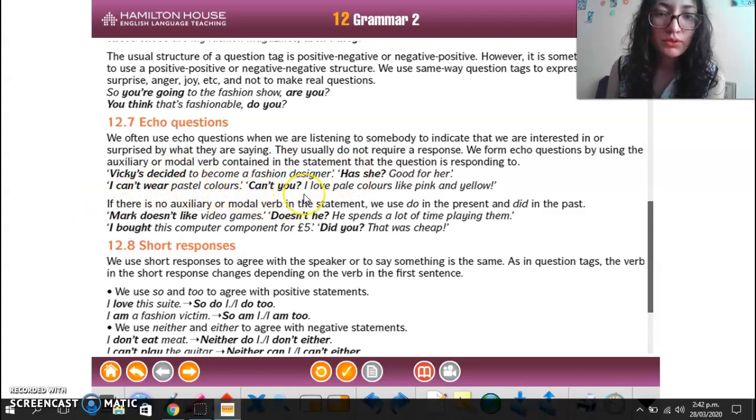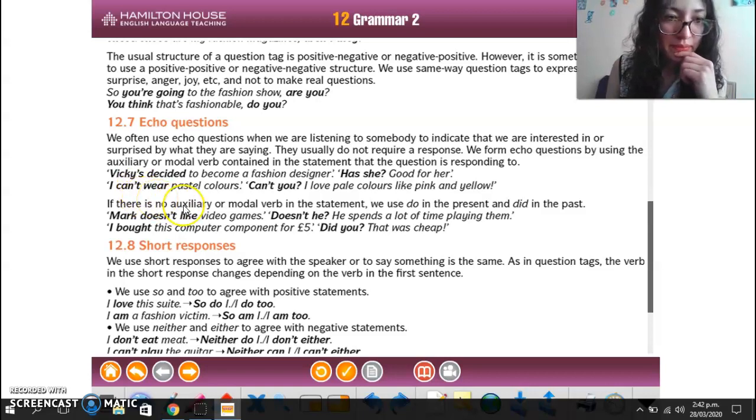"Can you? I love pale colors like pink and yellow," says the other person. So she is repeating the auxiliary of the other person. In this case, the modal verb, and in the other case, the auxiliary.